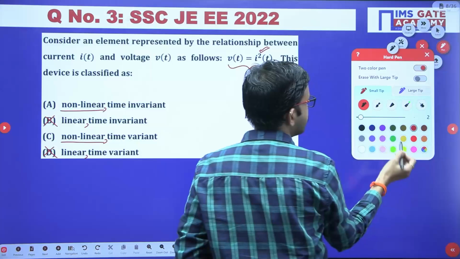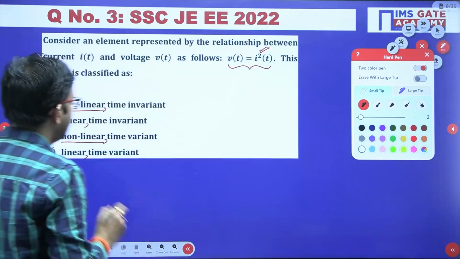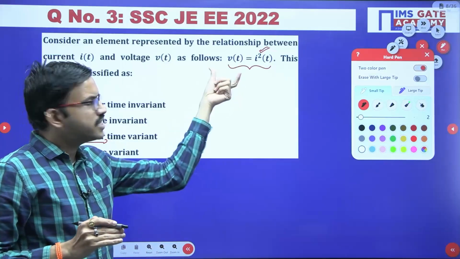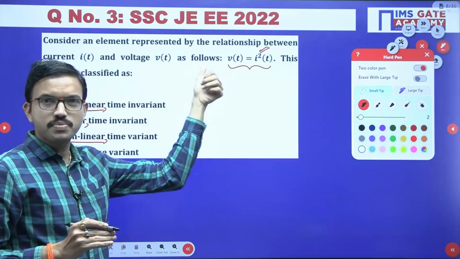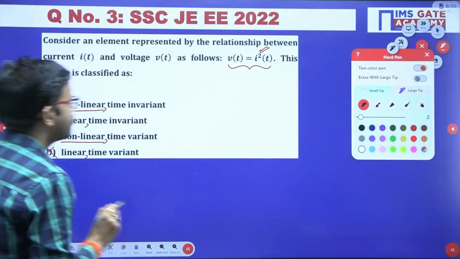Yeah. So here, in order to decide whether any particular system, whatever the relation given between input and output, is time invariant or time variant, how do we decide? It is very simple.